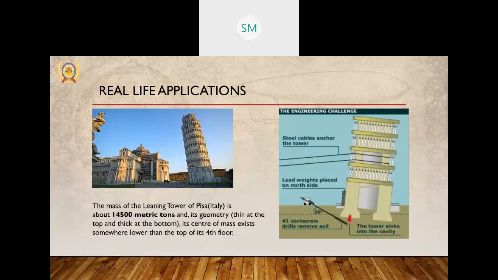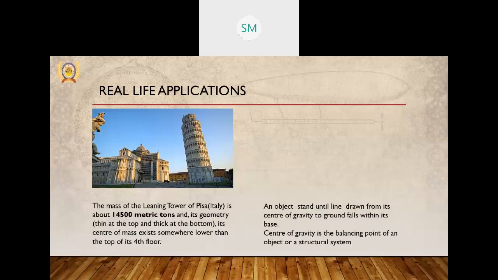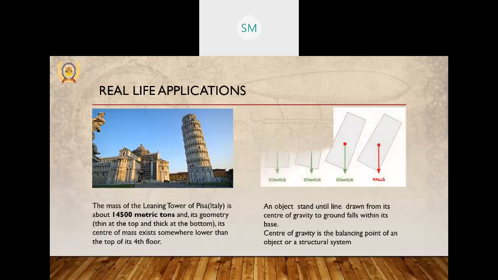In the end, the Leaning Tower of Pisa does not fall because its center of gravity has been carefully kept within its base. Any object stands until a line drawn from its center of gravity to the ground falls within its base. In the figure we see that the first figure stands stable, the second figure again stands stable, the third figure again stands stable, but in the fourth figure the center of gravity is outside the base.